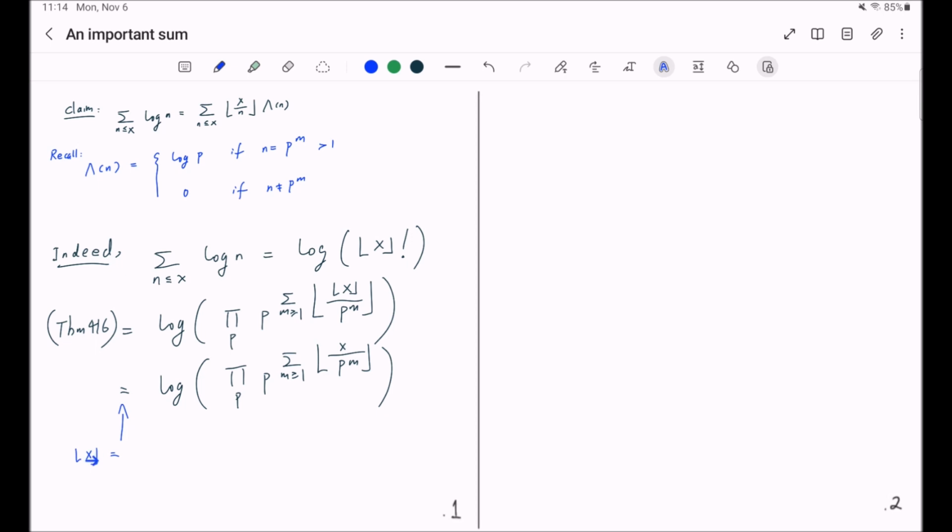If you look at the Euclidean division for the floor of x, it is equal to p to the m times q plus r, with q equal to precisely this floor and r between 0 and p to the m.